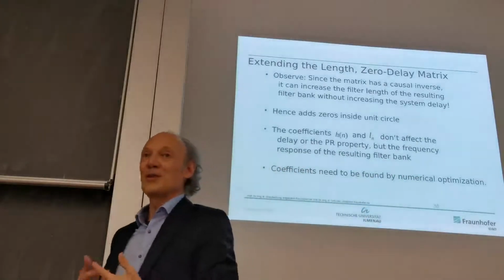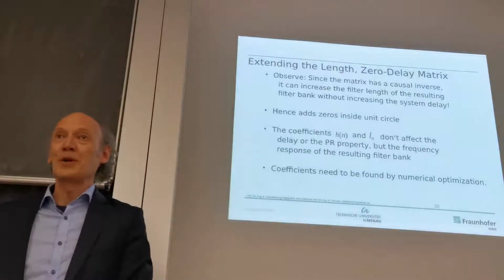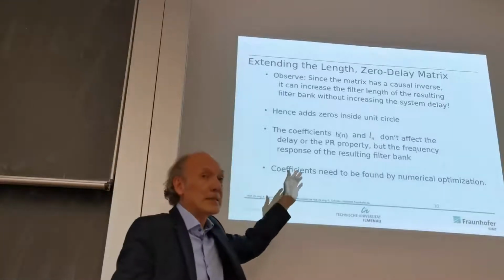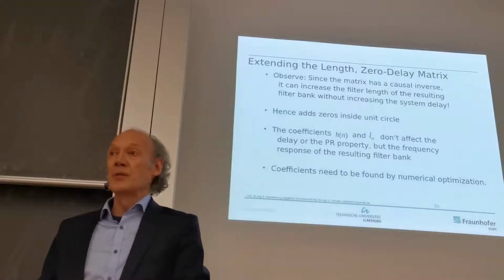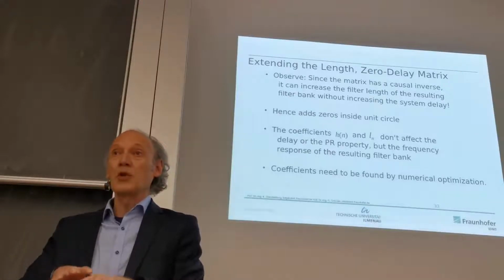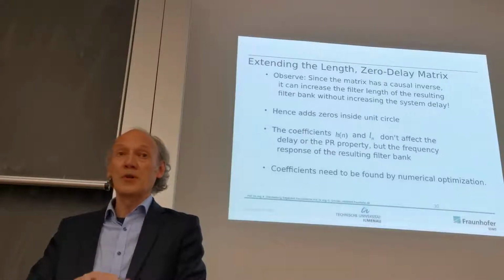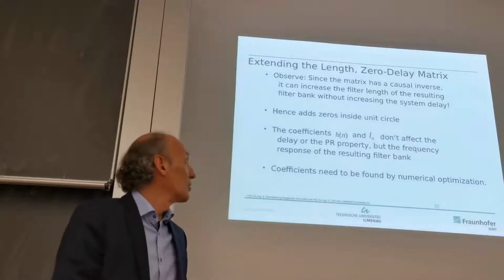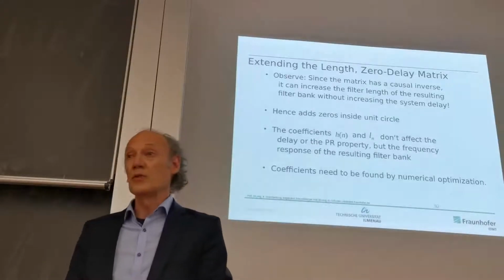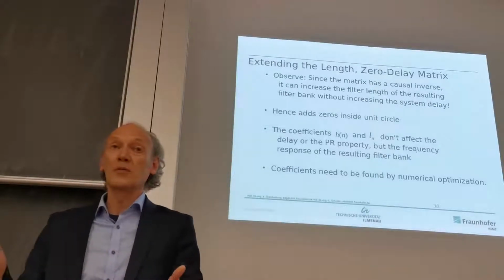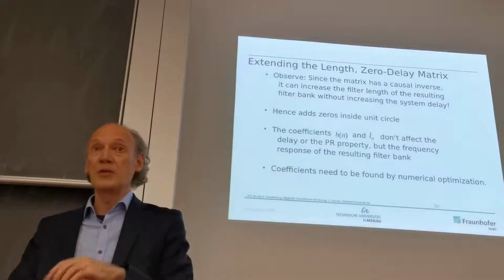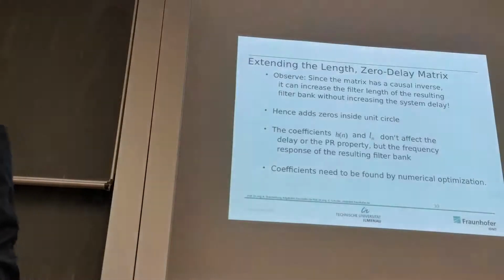Fortunately, Python has quite good optimization packages or functions, so we could just formulate an objective function which captures the quality of our obtained frequency response, and then we just minimize this objective function. This objective function could, for instance, be the error in the pass band and the stop band compared to ideal filters. Right.